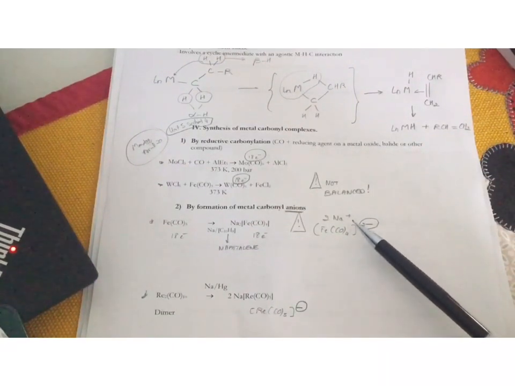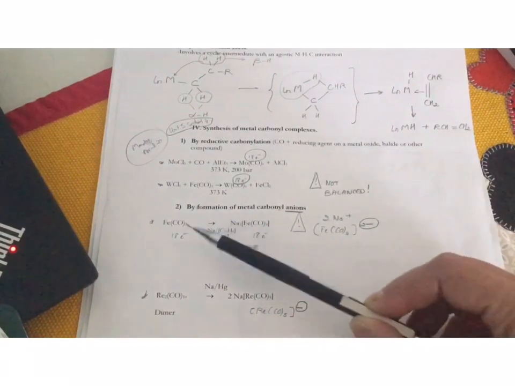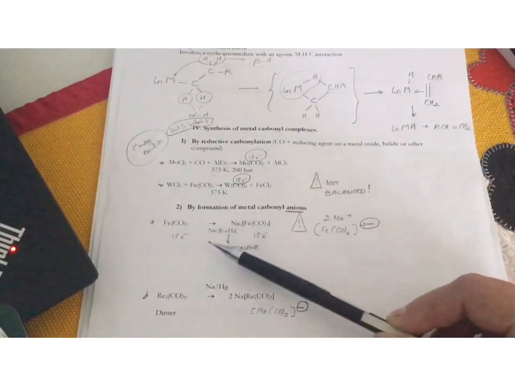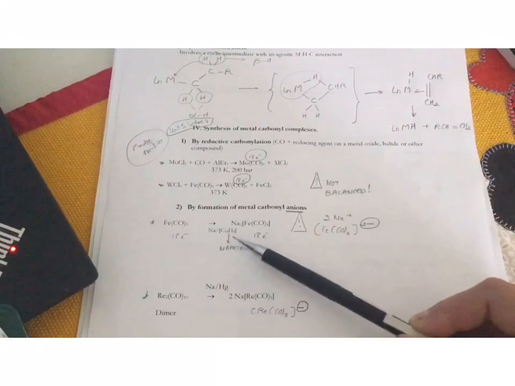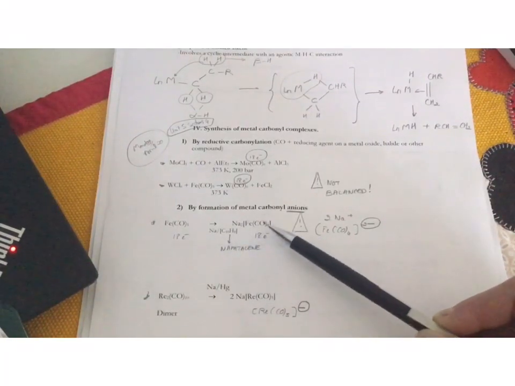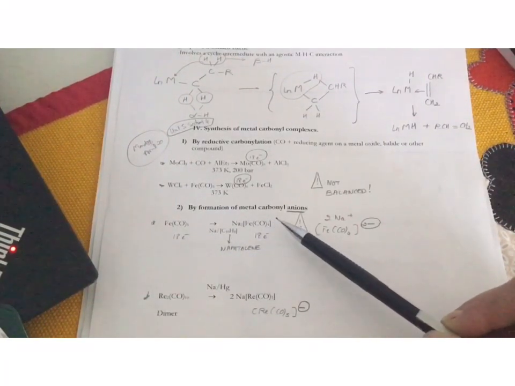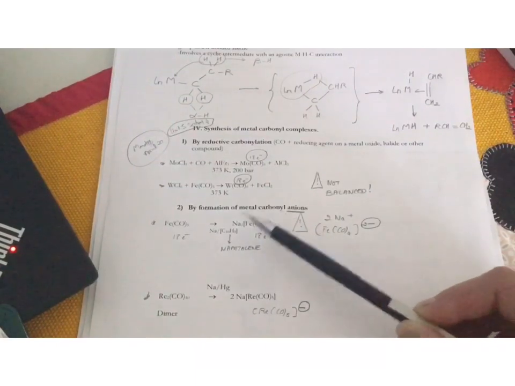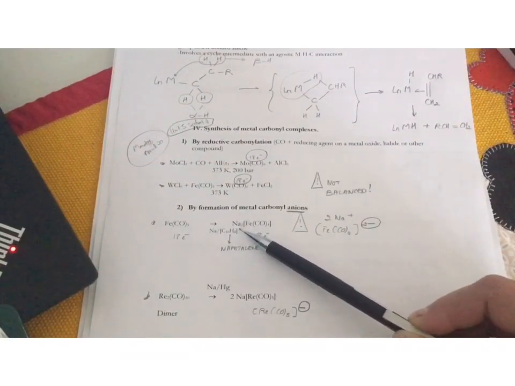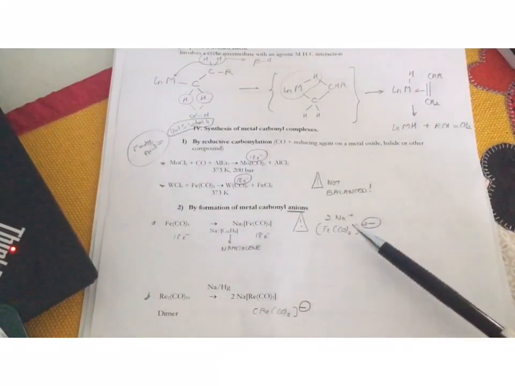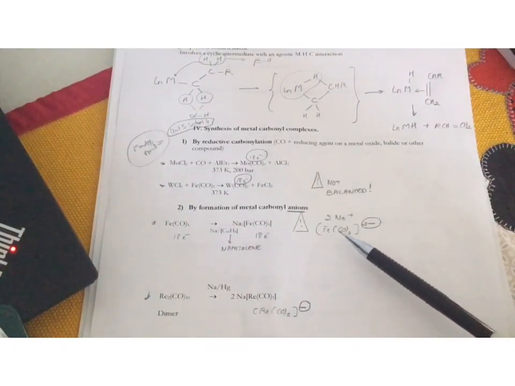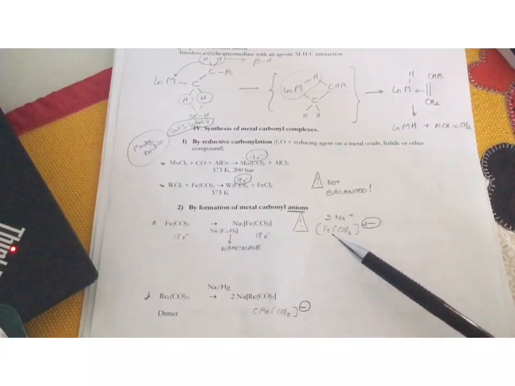Okay, so here you're starting with something neutral, you add the combination of powerful reducing agents to form an anion, but the charge on the anion will then imply how many cations you need. The complex here of the iron with 4 carbonyl, which is an anion, is going to be tetrahedral.